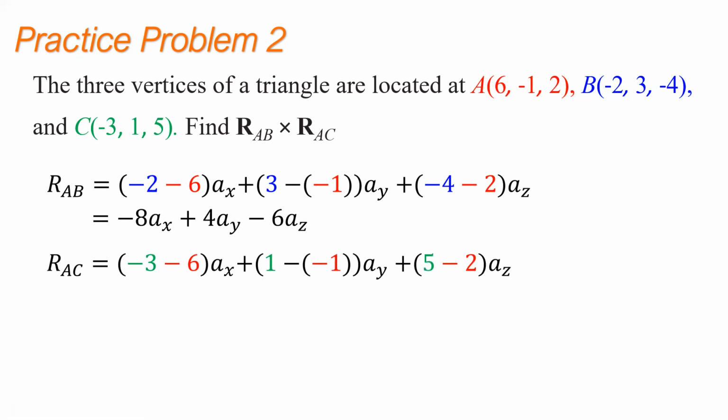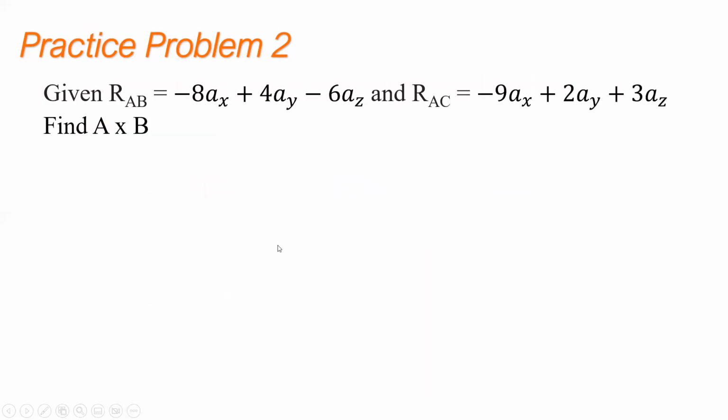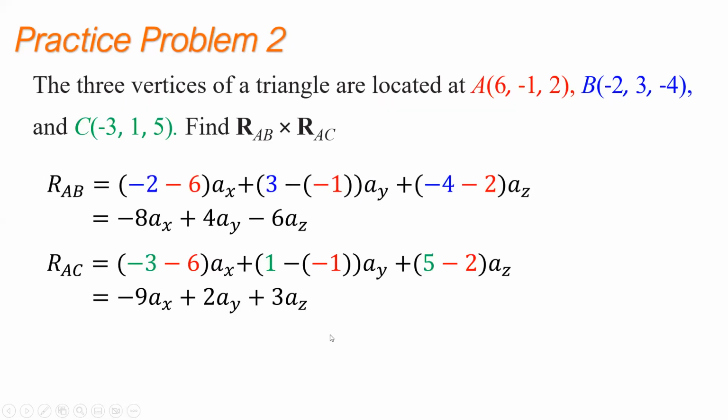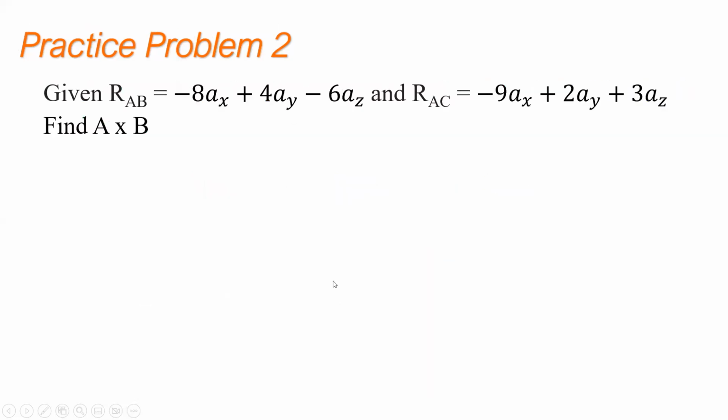So -3 minus 6 A sub X plus 1 minus -1 A sub Y plus 5 minus 2 A sub Z. So that is -9 A sub X. Isi-simplify natin, plus 2 A sub Y plus 3 A sub Z. So, pag nakuha natin yon, that is our vector AB and vector AC. Then, we will get the cross product.